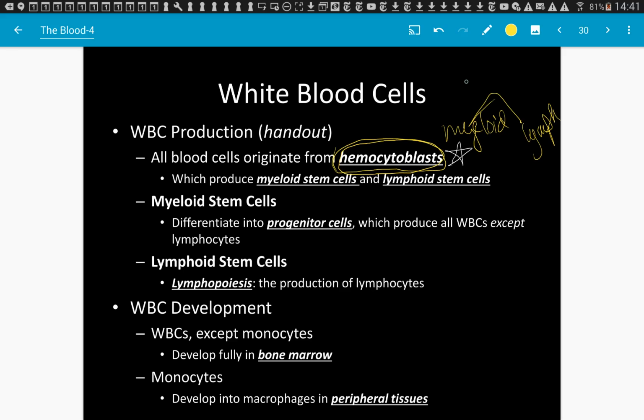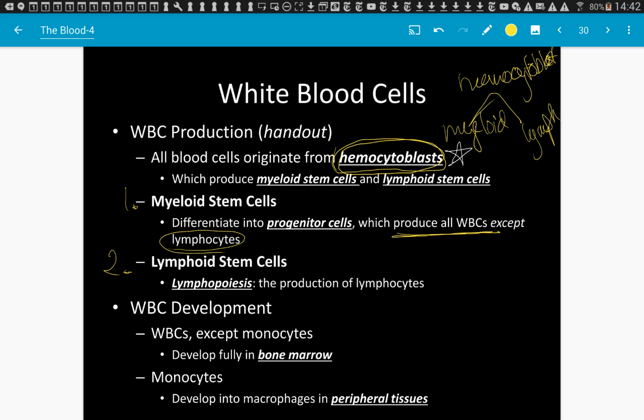I know, it's awful. So hemocytoblast is the ultimate stem cell, then branches into two categories. So myeloid stem cells is category number 1, lymphoid is category number 2. So myeloid stem cells produce all white blood cells except for lymphocytes.